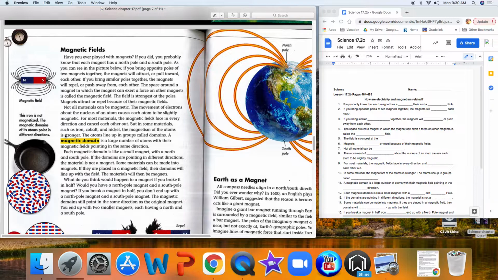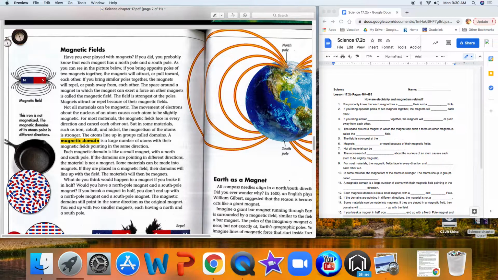No. Yes. And some of you are saying no, and some of you are saying yes, and both of you are correct. Because can I make iron magnetic? Yes. Can I also make iron not magnetic? Yes. So you're going, whoa, how do we do that? Well, that's what we're going to learn about, guys. One of the things is why a material might or might not be magnetic.